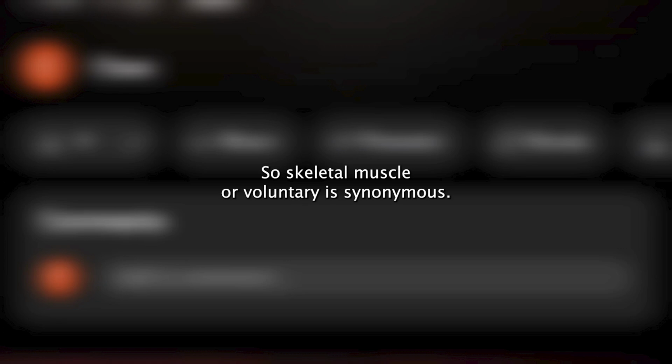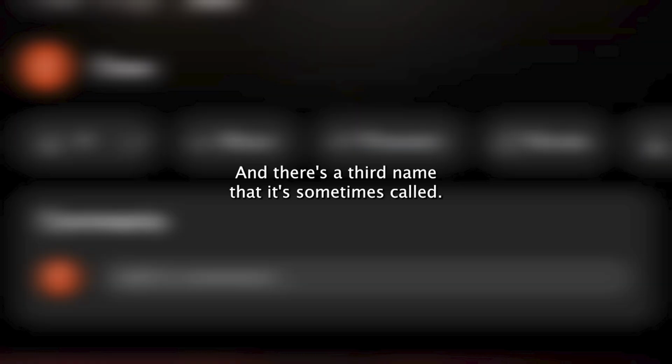So skeletal or voluntary is synonymous. It's the same thing. And there's a third name that it's sometimes called, and that's striated muscle, because microscopically, on higher powered scopes, it has a striped appearance, zebra-ish, so to speak. So striated, skeletal, or voluntary all mean the same thing.